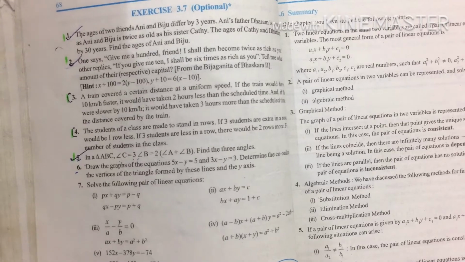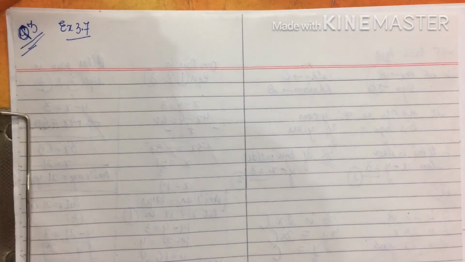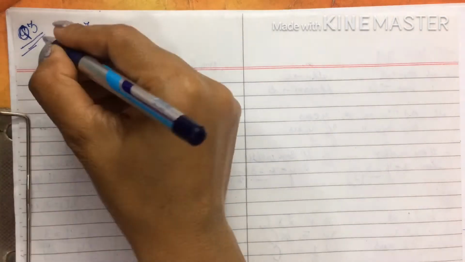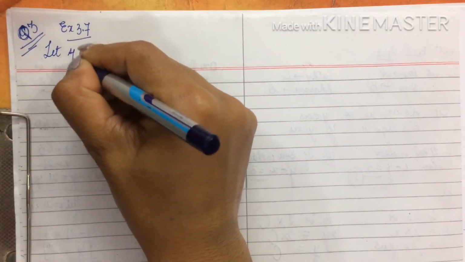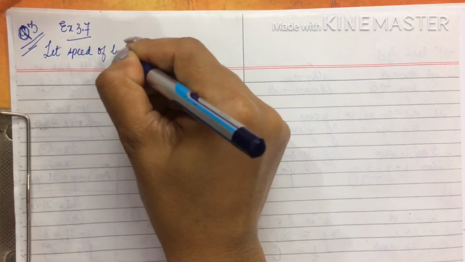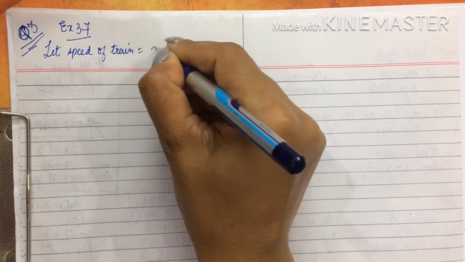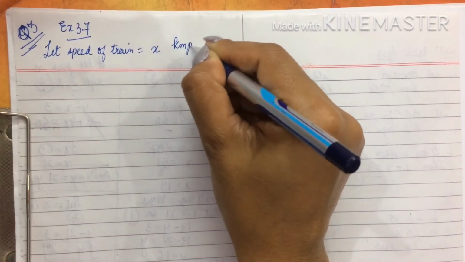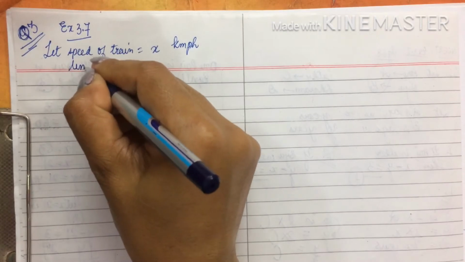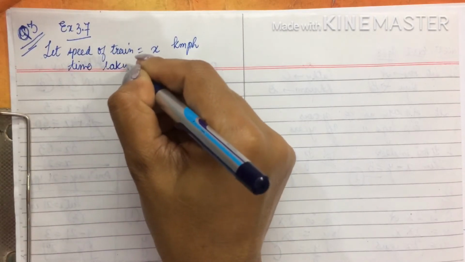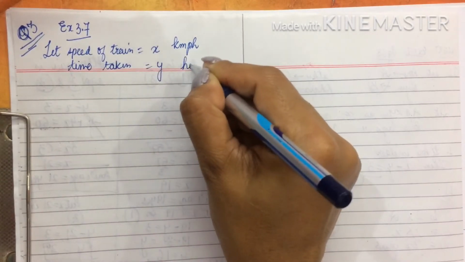So let's start by assuming the original speed of the train and the original time taken by the train as x and y. So let the speed of the train be x kilometers per hour, and the time taken be y hours.